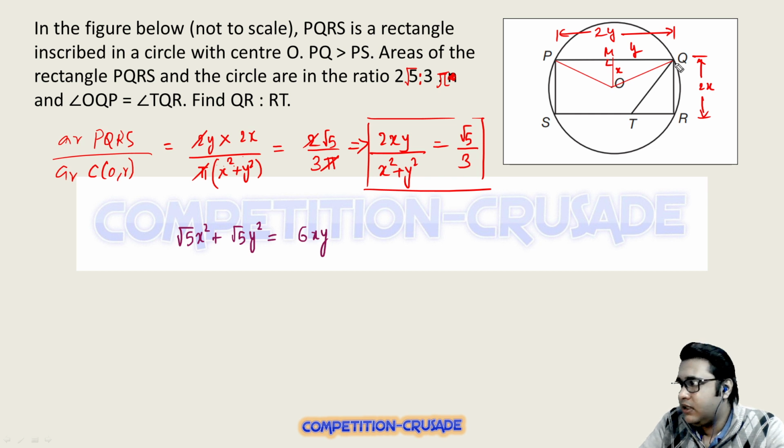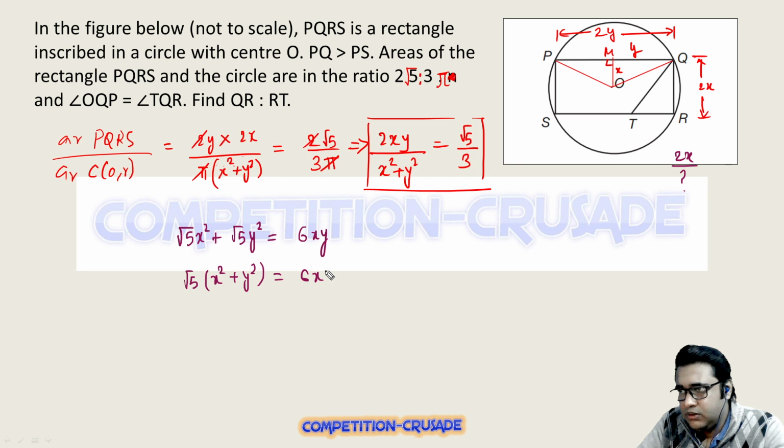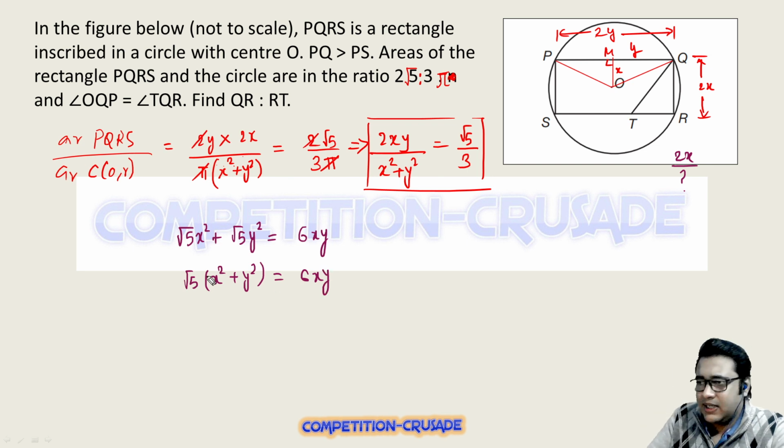Now see exactly what is it that I'm trying to do. I'm trying to find an equation in 2x by something. What that thing is, I don't know as of now, but we'll make some sense out of it. So root over 5 times x square plus y square is equal to 6xy. Right now, I have no idea how I'm going to make my cases.